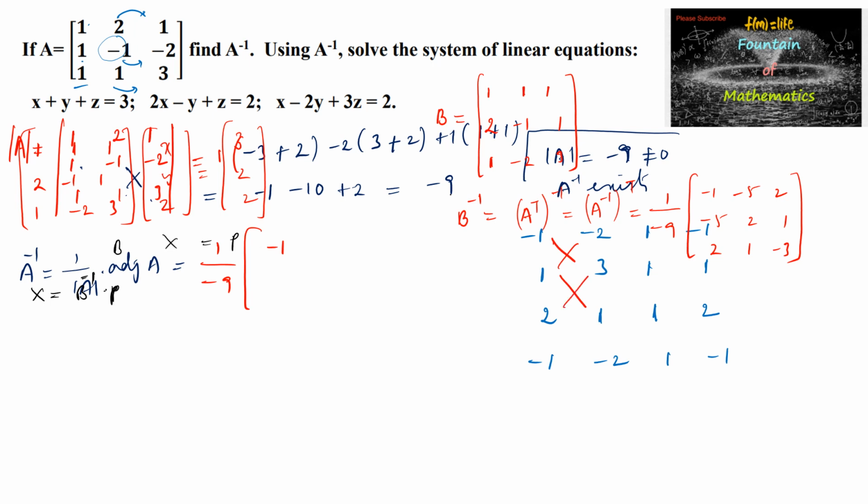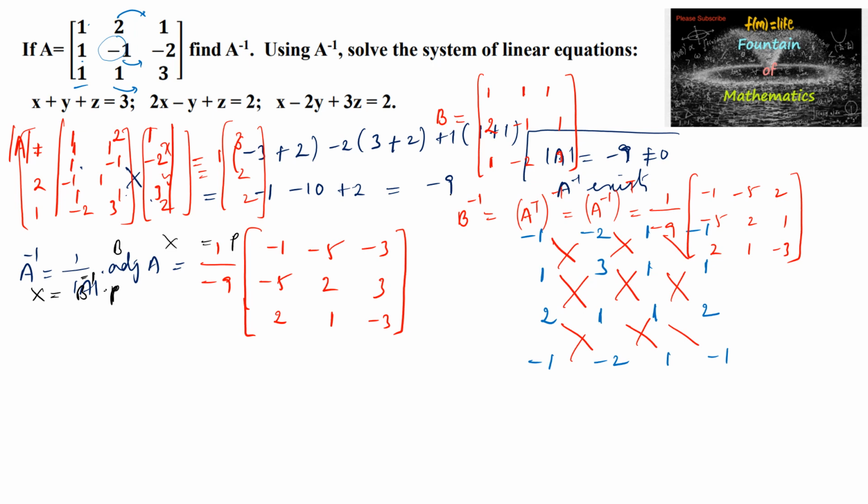So 1 ones are 1 minus 6 is negative 5, and 2 into minus 2 is minus 4 plus 1 is minus 3, and minus 2 minus 3 is minus 5, and 3 ones are 3 minus 1 is 2, and 1 ones are 1, 1 plus 2 is 3, and again 1 ones are 1 plus 1 is 2, 2 ones are 2, 2 minus 1 is 1, and 1 into minus 1 is minus 1, minus 2 is minus 3. So we got A inverse as 1 upon negative 9 into [[1, -1, -5], [-3, -5, 2], [3, 2, 1, -3]].